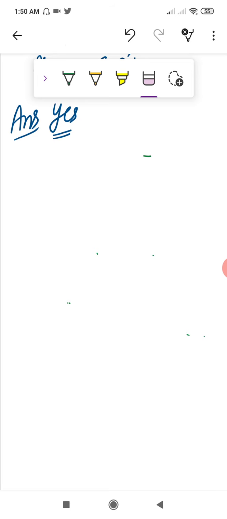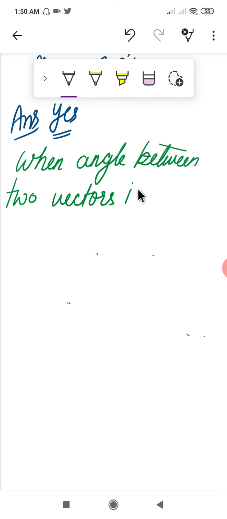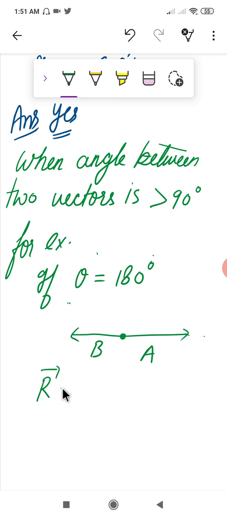Yes, because when the angle between two vectors is greater than 90, for example if theta between them is 180, and this is vector A and this is vector B, the resultant of these two vectors is the stronger vector minus the weaker vector.